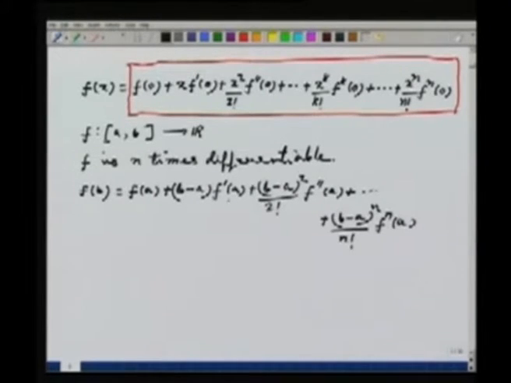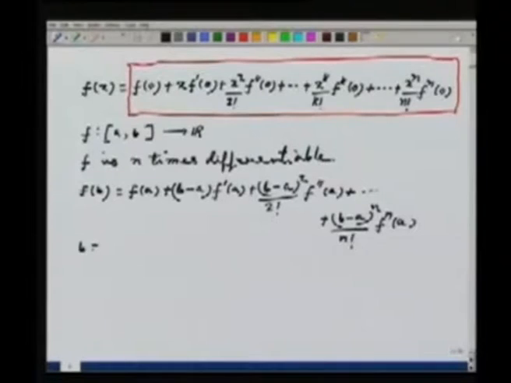Notice that this is related to the previous equation. Just put b equals x and a equals 0 and get the previous expression.